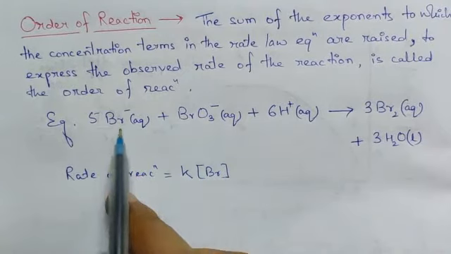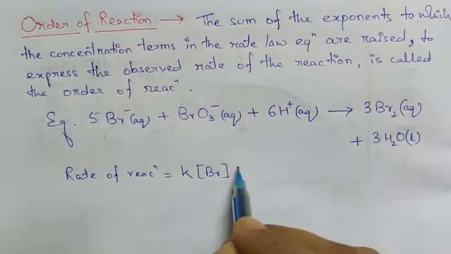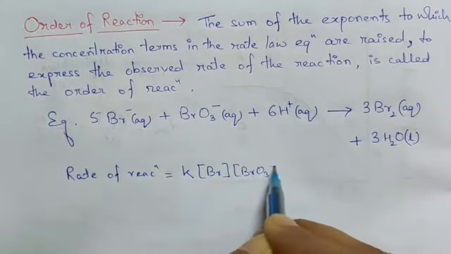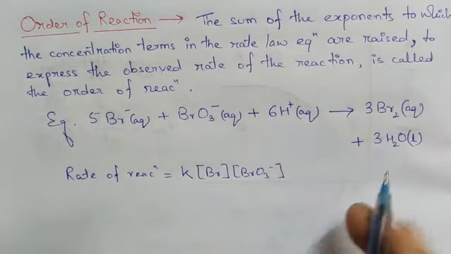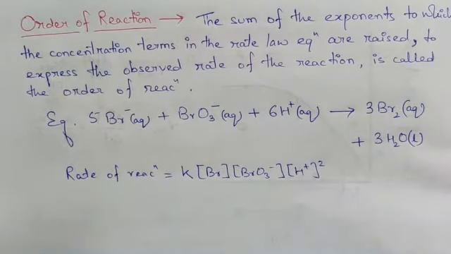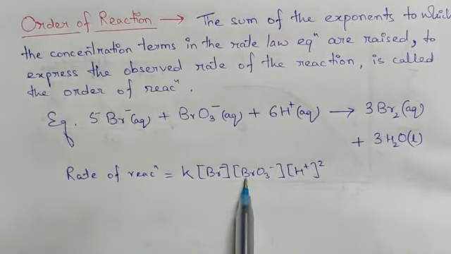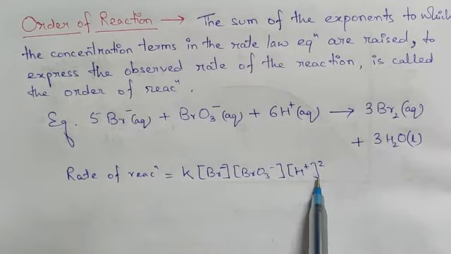For bromide ion, the molar concentration that takes part in the reaction is only 1. For bromate ion also, only 1, and for H plus ion it is 2. So the order of reaction with respect to bromide ion is 1, with respect to bromate ion is 1, and with respect to hydrogen ion is 2.